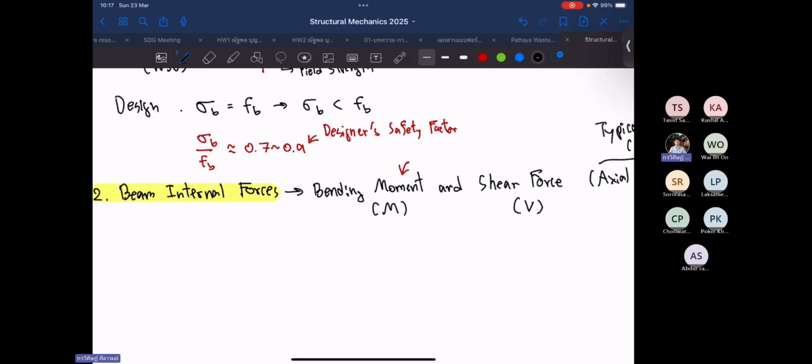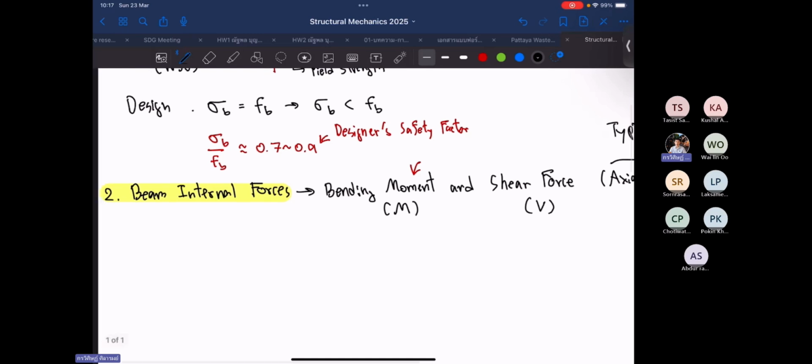So we have no single formula to calculate this bending moment. We have to perform a calculation in order to determine the distribution of the bending moment and the shear force throughout the beam.